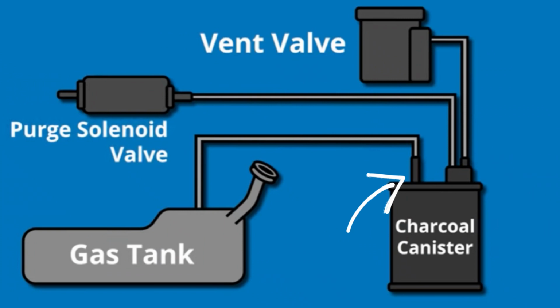This EVAP actually is a canister with charcoal, and this canister has 3 holes. One hole goes to the tank, of course, the other hole goes to the engine, and the vapors go to the engine if it's needed. And the third hole from this evaporation system is actually the breather. So the air comes in and out of this evaporation system.